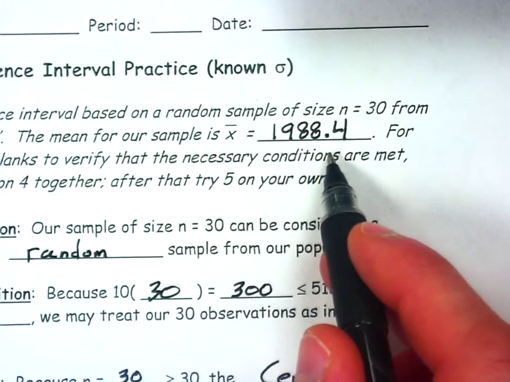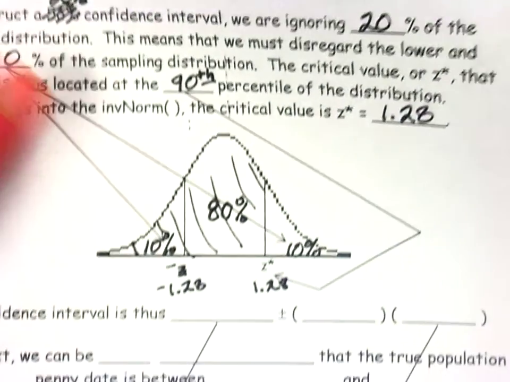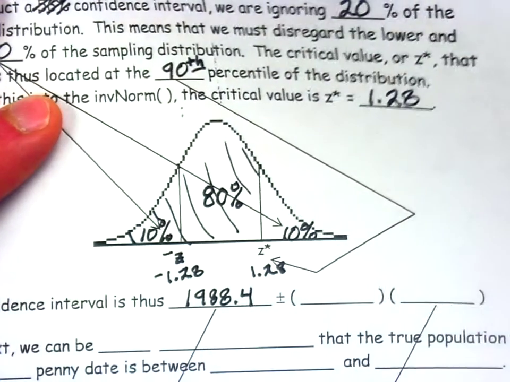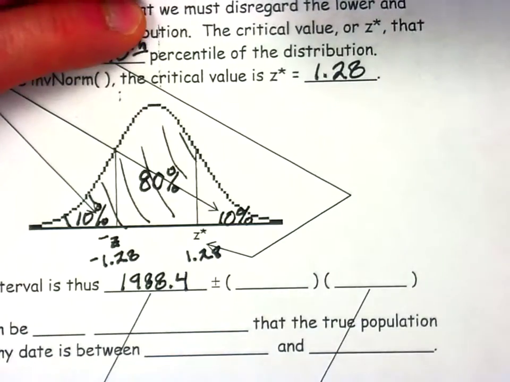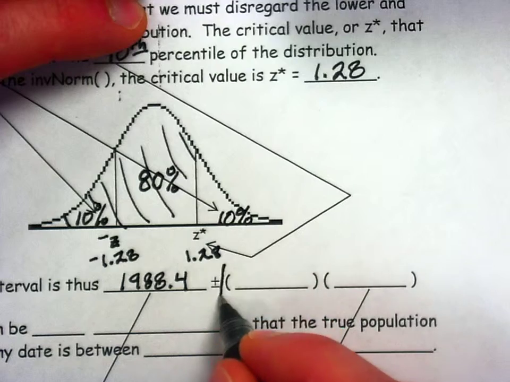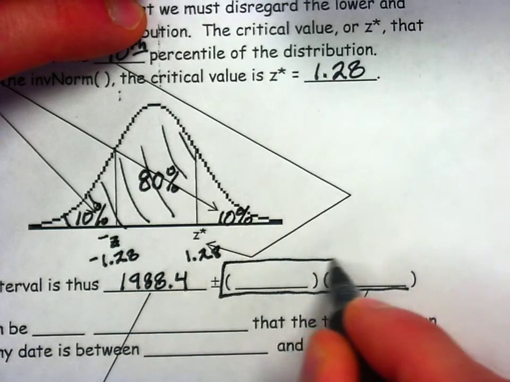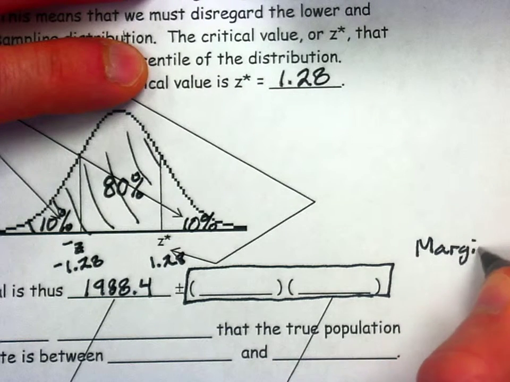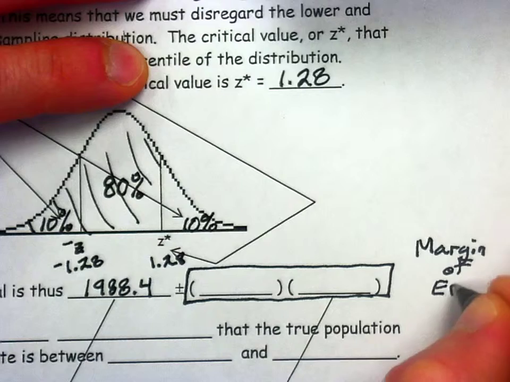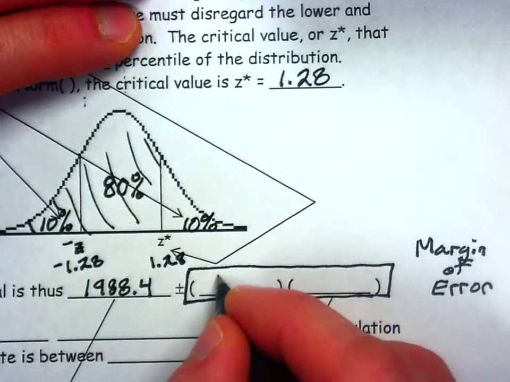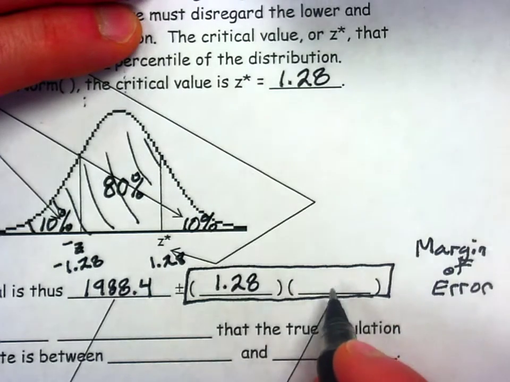Our estimate for the truth is our sample mean from our sample of 1988.4. To calculate my margin of error, there are two components. This entire expression right here, in total, is the margin of error. That margin of error is calculated by using 1.28 standard deviations.